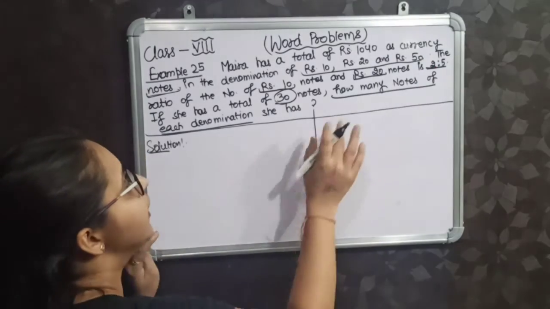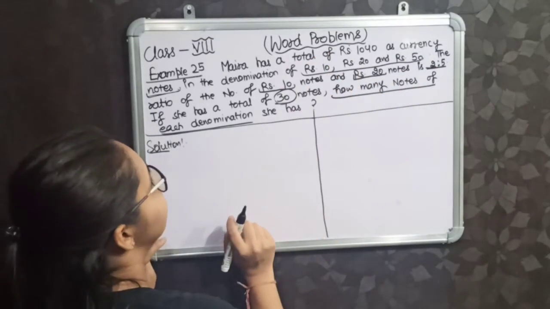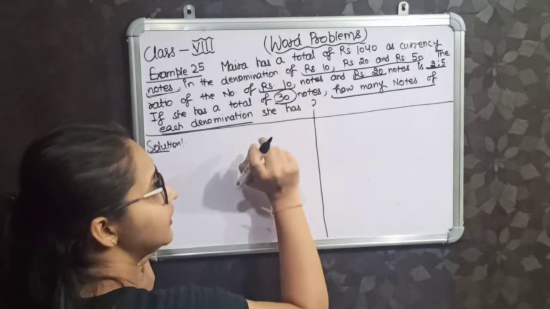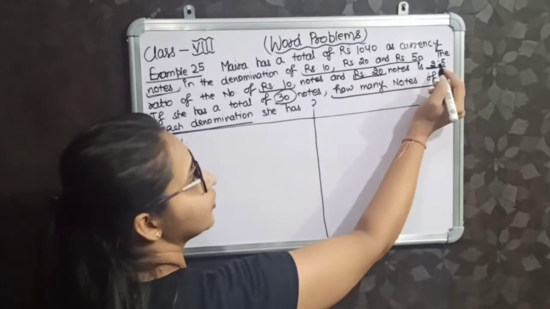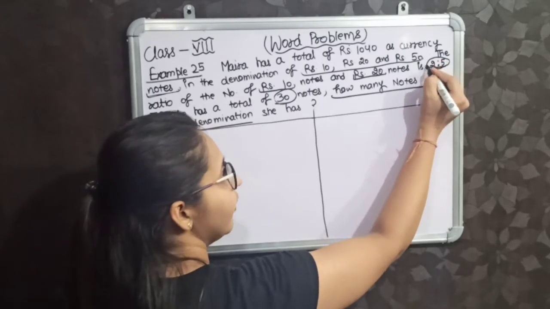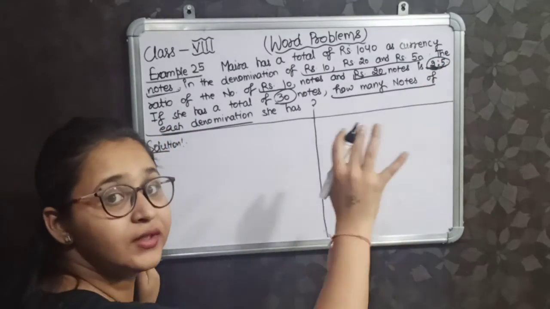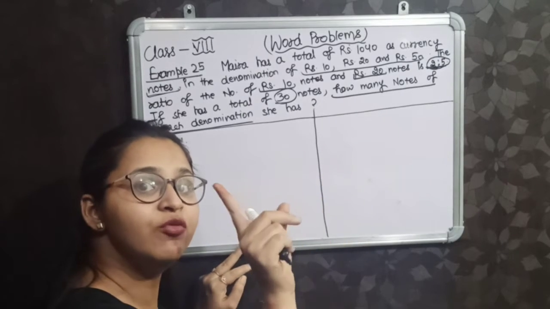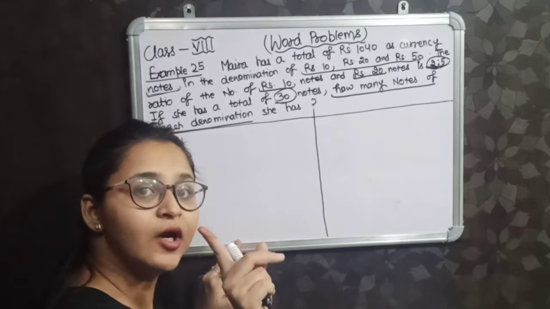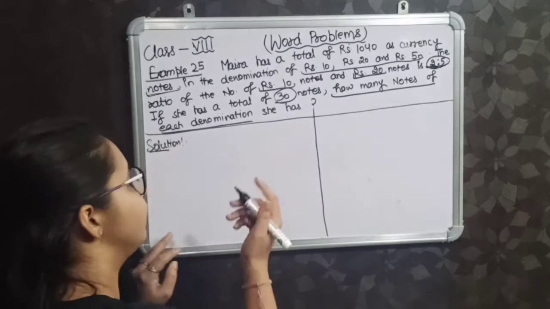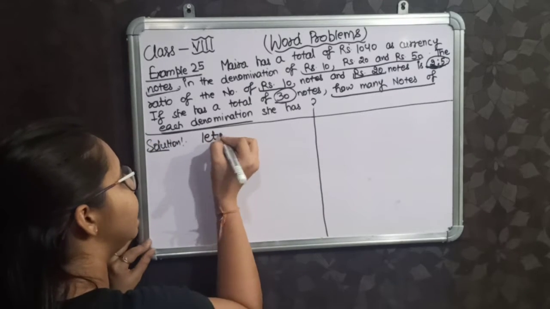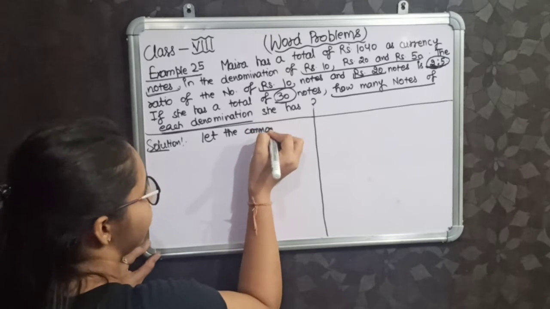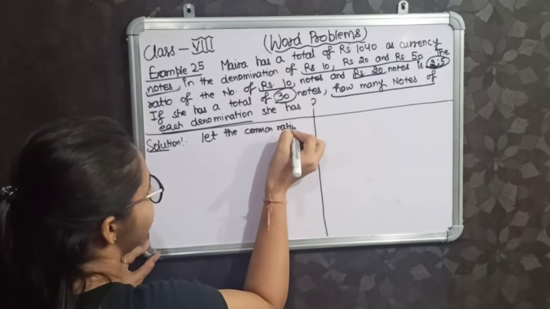Now see the question again. It says that the ratio of the number of rupees 10 notes and 20 notes is 2:5. And I told you earlier, when there is a line for ratio, what will you do? You will first assume the common ratio is equal to x.